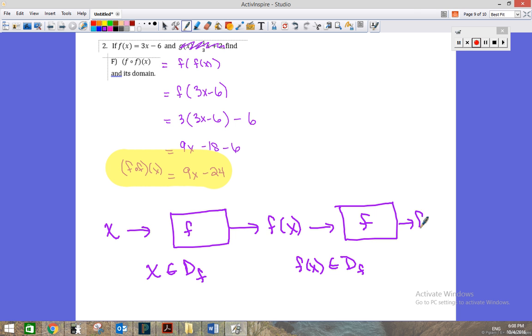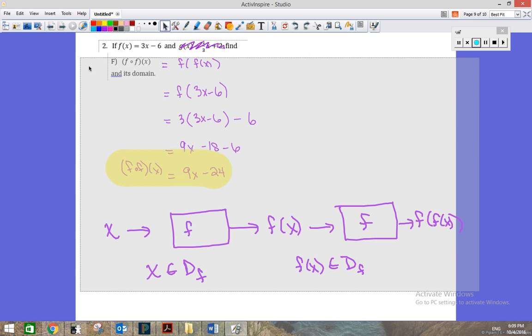Well, we're not going to have any problems at all here, because the domain of f was all real numbers. So we can plug any number we'd like into f. Who cares what will come out, because f will accept any number at all that we plug into it, because its domain is all real numbers. So any number we plug in goes through the first function, comes out, that output goes through the second function, and we get an output. So the domain for this f composed with f is all real numbers.